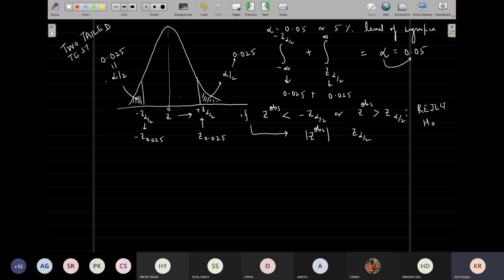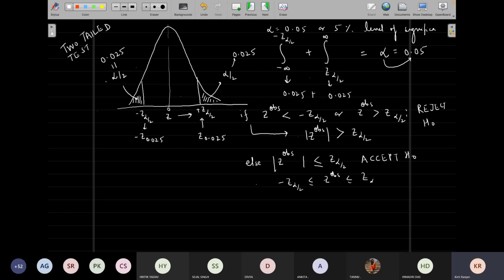Greater than. So if mod z observed is greater than z alpha by 2, reject H0, and else if mod z observed is less than or equal to z alpha by 2, then we will accept H0. Fine. So this is equivalent to saying that we are writing minus z alpha by 2 less than or equal to z.